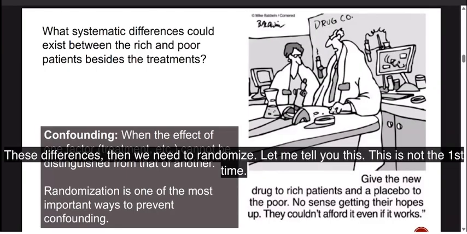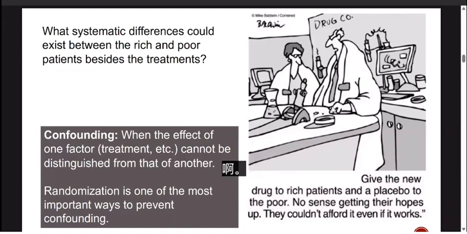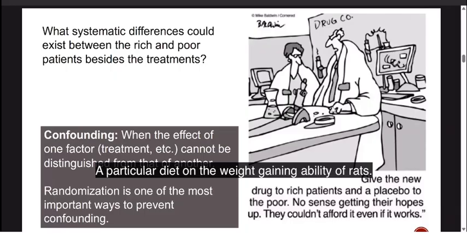Let me tell you, this is not the first time that a mistake was made in research. I remember Professor Cochrane at Harvard University. Cochrane was trying to look at the effects of a particular diet on the weight gaining ability of rats.